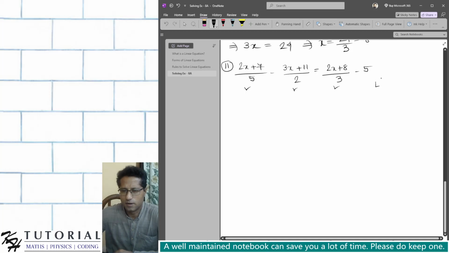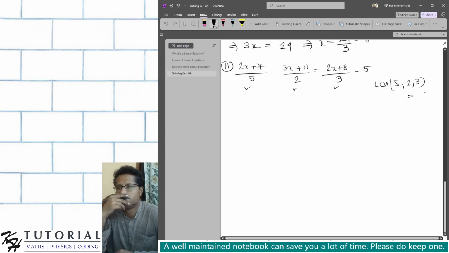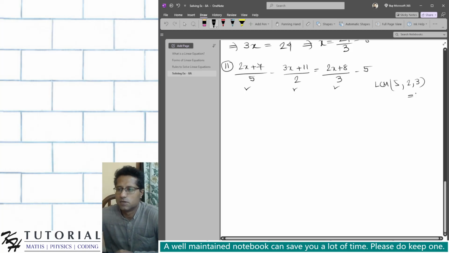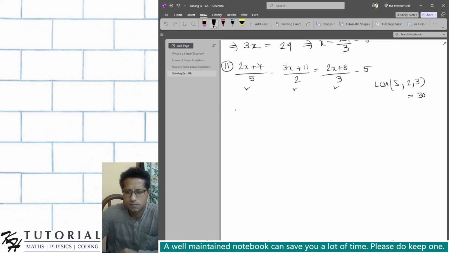So we have to multiply both the sides of the equation by the LCM of 5, 2, and 3, which is equal to 30. So we have to multiply both the sides of the equation by 30, because 30 is the LCM of the denominators of all the rational terms.